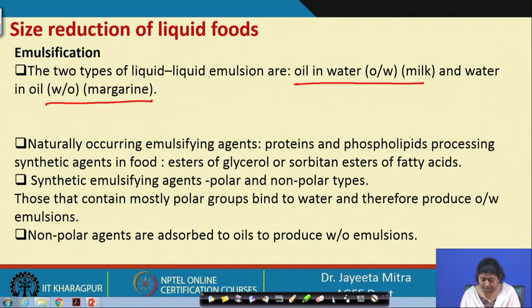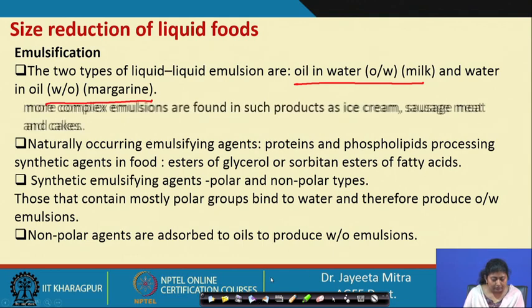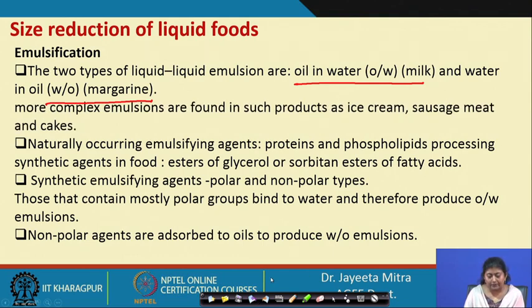More complex emulsions are found in products such as ice cream, sausage meat and cakes, because oil in water emulsion in milk or water in oil emulsion in margarine, these are most common. And when we go for ice cream, cake or sausage meat preparation, the formation of the liquid emulsion structure will be more complicated.